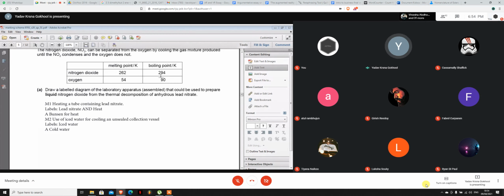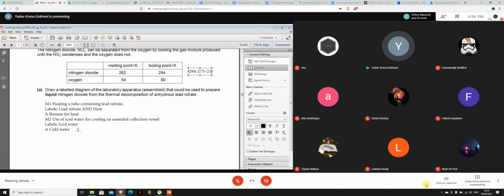If you minus 273, I hope 273, we get around 21 degrees Celsius. So we can use ice. This is why we are using ice over here.